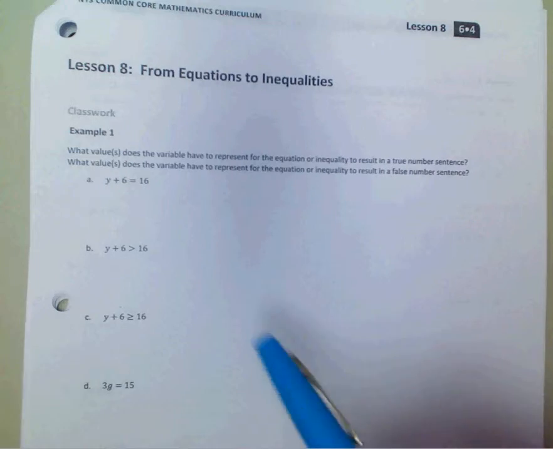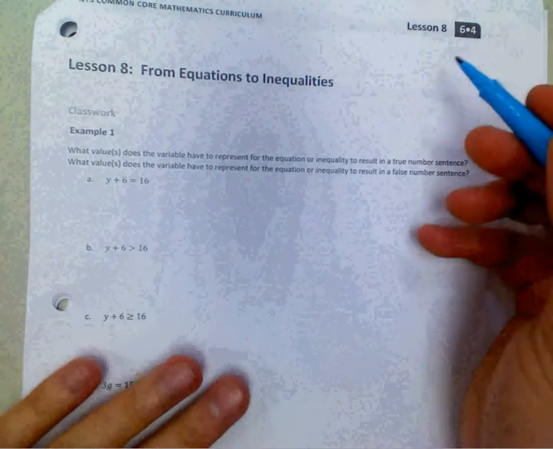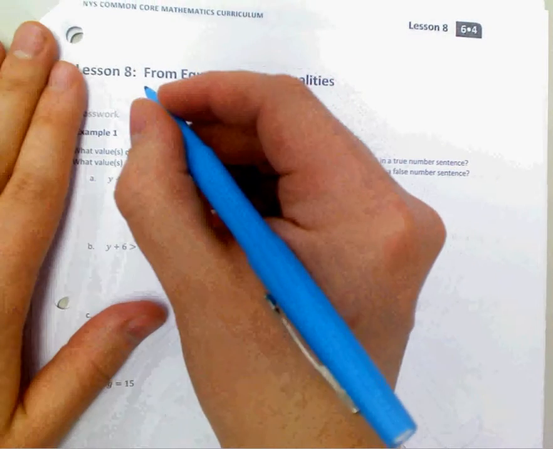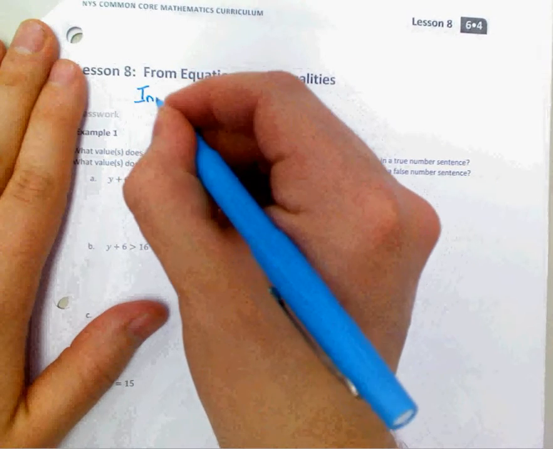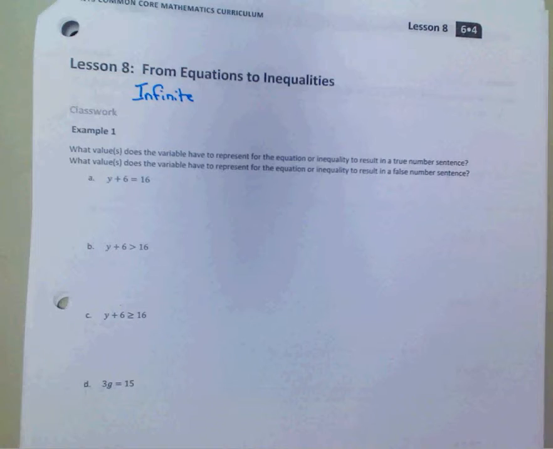Okay, so the difference between the two is that our inequalities have an infinite number of possible solutions.